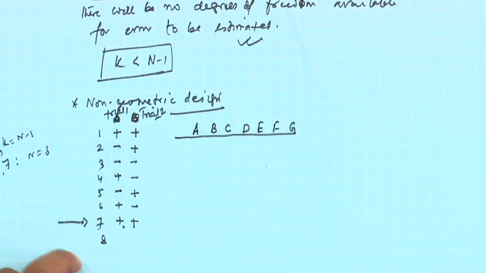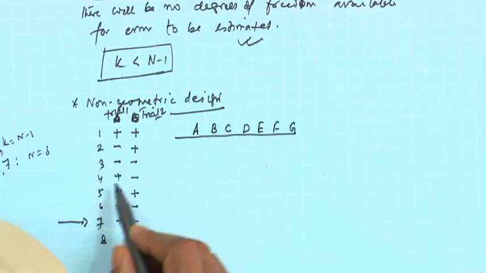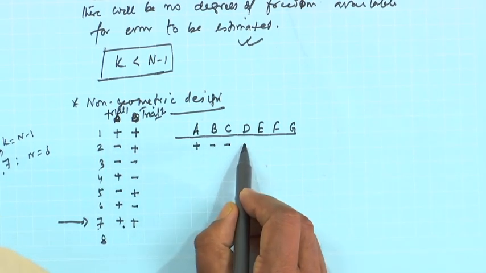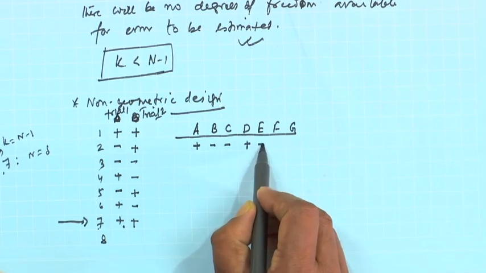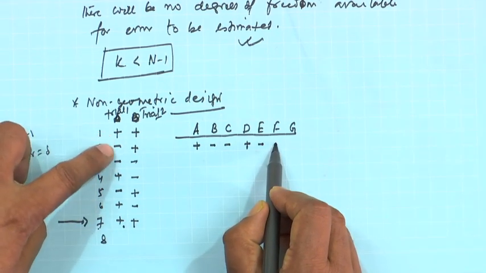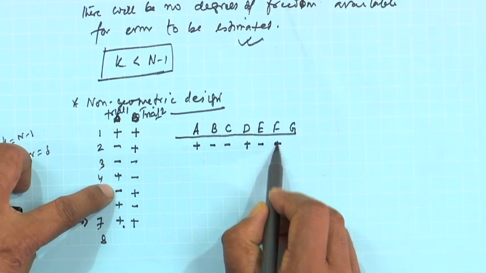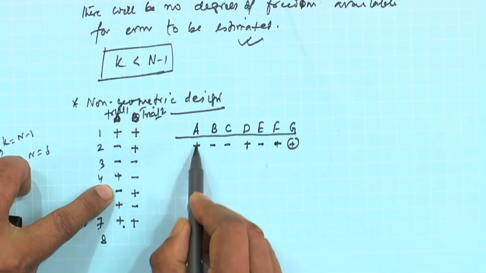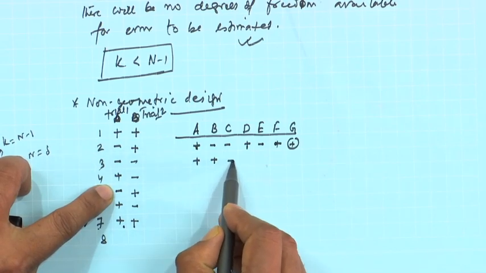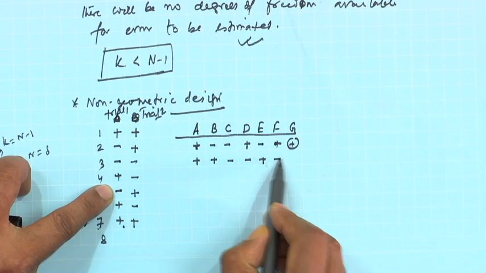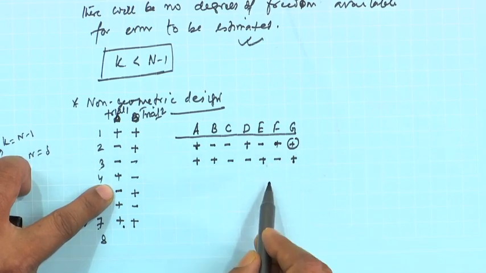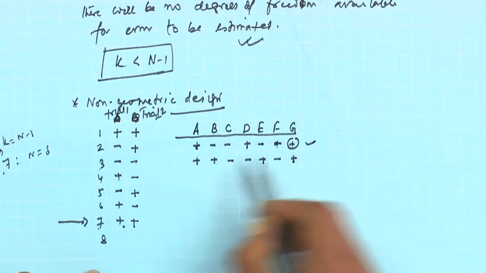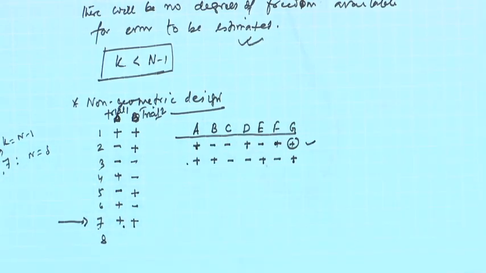In trial 1, A is plus minus minus plus minus plus, and the second one will start from here, plus, then you start from here, plus minus minus plus minus plus. So, when the first one ends, the second one starts, and you repeat this process.